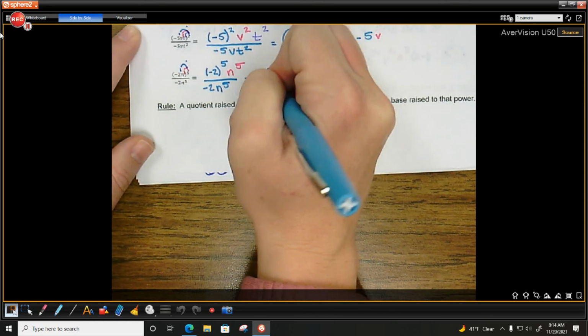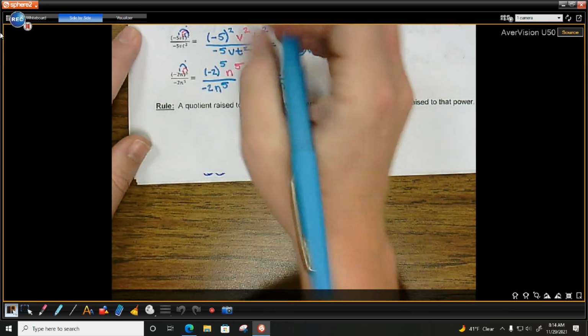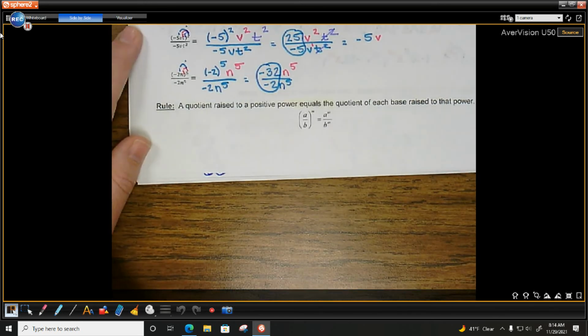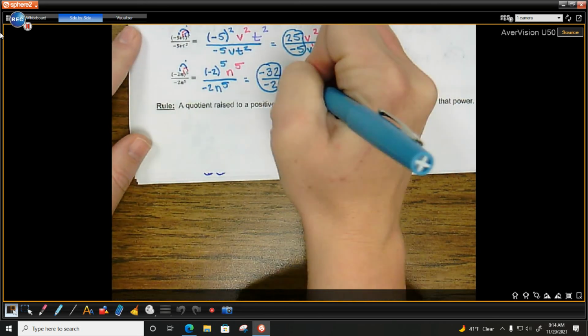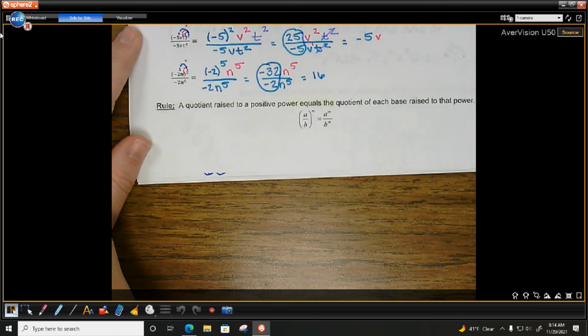Now let's simplify the whole entire fraction. You have coefficients. Simplify your coefficients. What's -32 divided by -2? Positive 16. What happens to your n's? They cancel out. You have 5 on top, 5 on bottom. They cancel each other out. So do I have any n's left? No, so my answer is just 16.